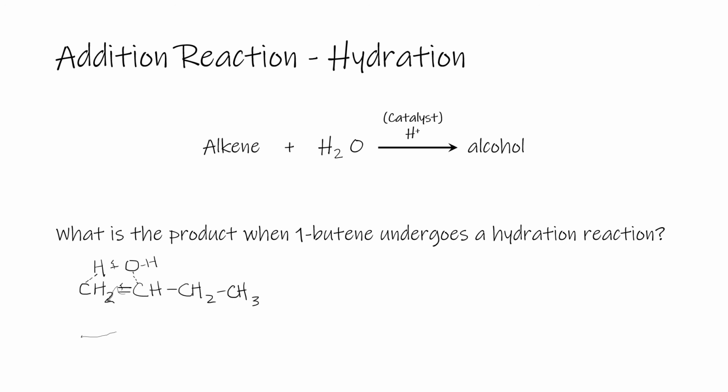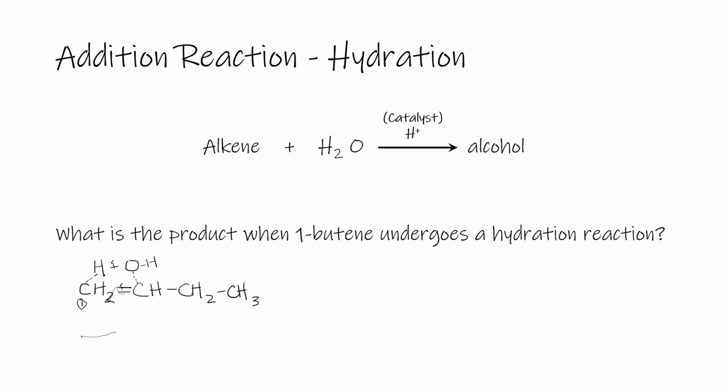Well, if it's in the middle of your molecule and the carbons are identical, it's going to go to either one. This is at the end of the molecule, and my first carbon, carbon number 1 here, has 2 hydrogens. And carbon number 2 only has 1 hydrogen. So the rule is that the carbon with the most hydrogens gets the hydrogen, and the other carbon gets the hydroxyl group, the OH group. So the carbon with the hydrogens gets more hydrogens.